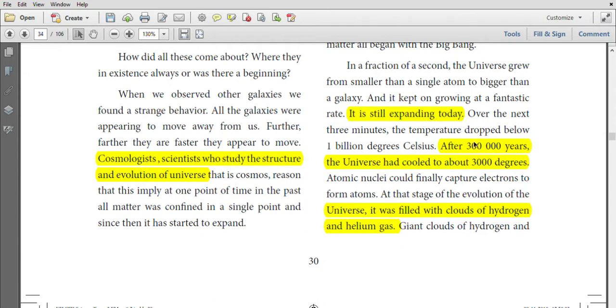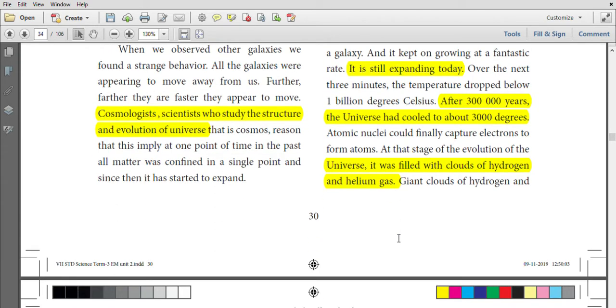After 3 lakh years, the universe cooled to about 3000 degrees. It was filled with clouds of hydrogen and helium gas.